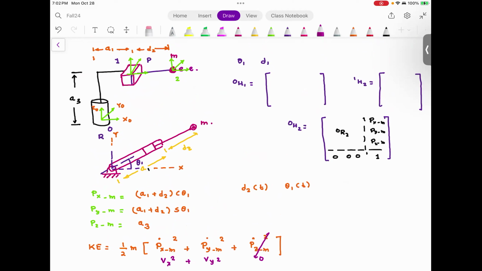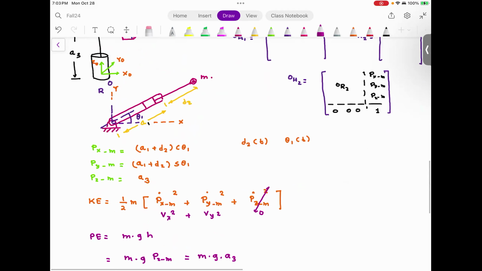So in this problem, I have an RP joint: a revolute joint and a prismatic joint. All the mass is located at the end effector. The M is at the end effector. So I found from the homogeneous transformation the position of the mass in X, Y, and Z coordinates.